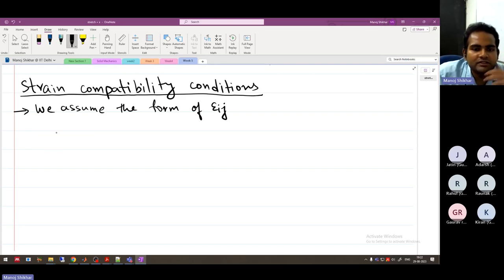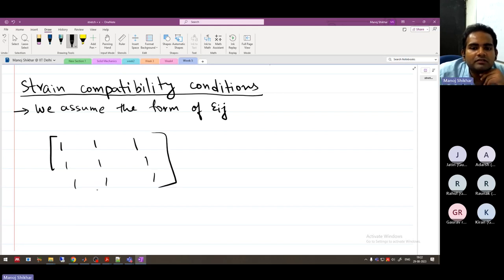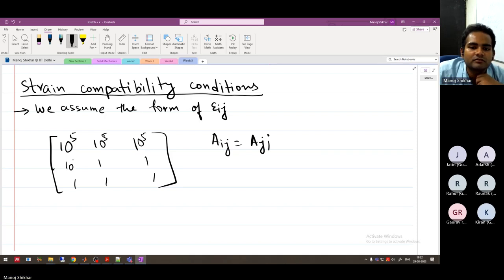Now, any tensor can be a symmetric tensor. The property of a symmetric tensor is that Aij should be equal to Aji. If I write 10 to the power 5, this is also a symmetric tensor.